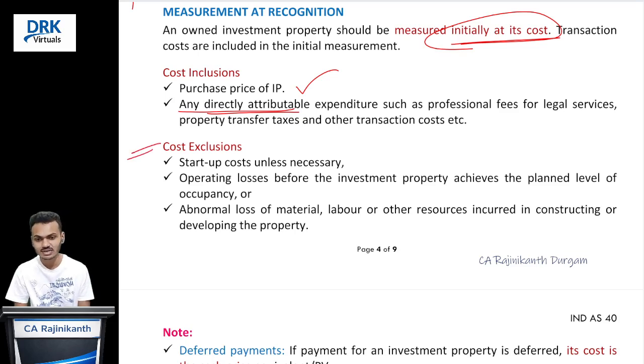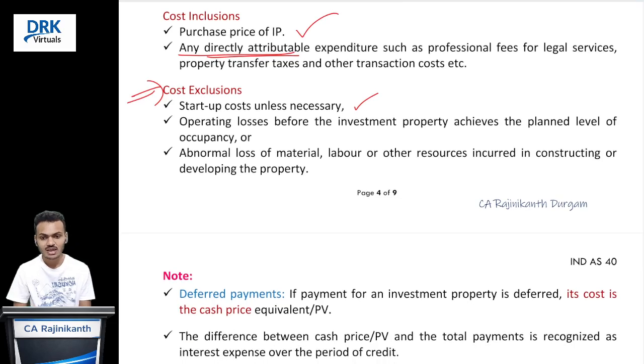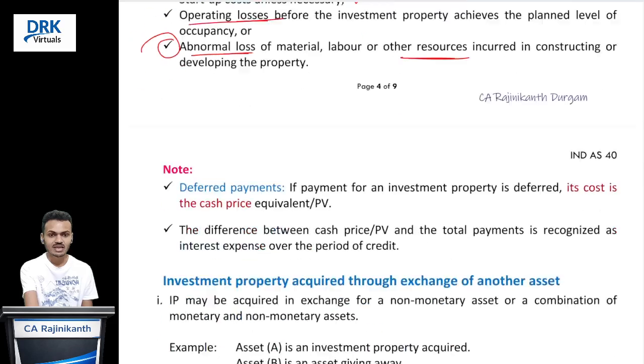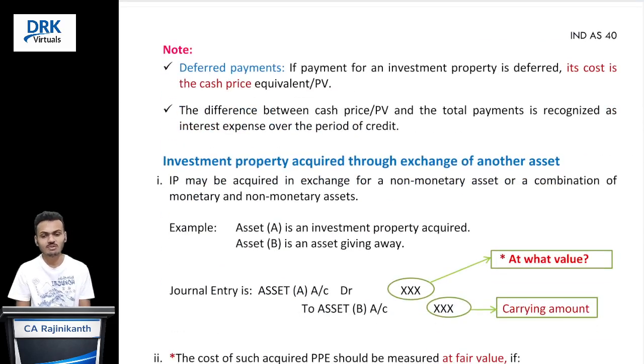And we should not include these costs. Start-up costs, we should not capitalize. Any initial operating losses, that also we should not capitalize. If it is a self-constructed investment property, any abnormal loss of material, labor or other resources, we should not capitalize.